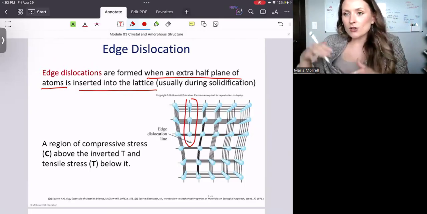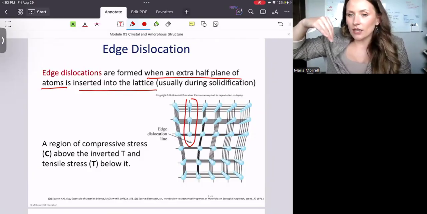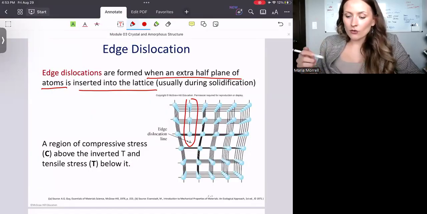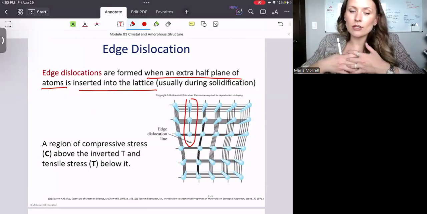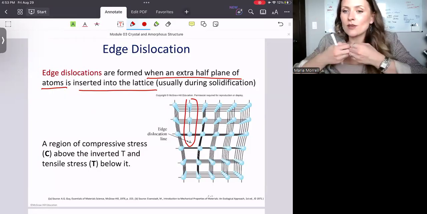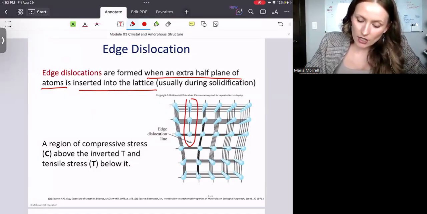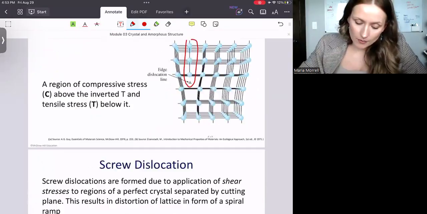But because you do have an extra half plane, you basically end up with some compression above, and then you have some kind of distortion. It's called a tensile stress when something is stretched, right? Some stretching right below this spot. So compression on top and then stretching at the bottom.